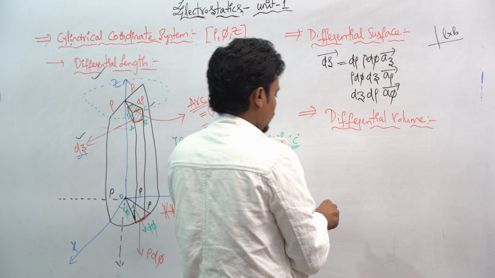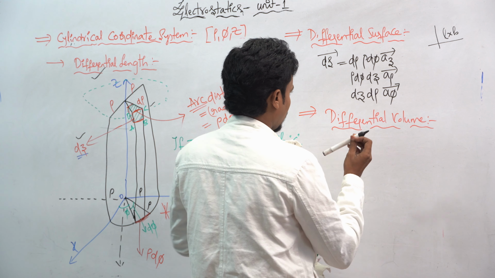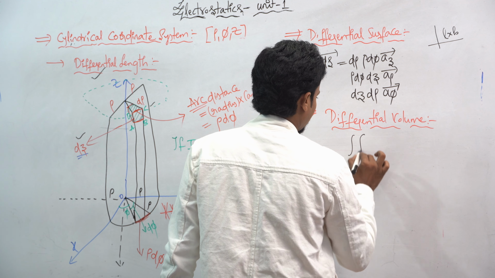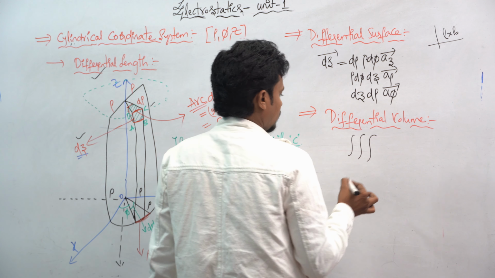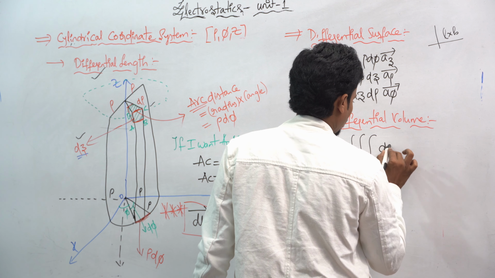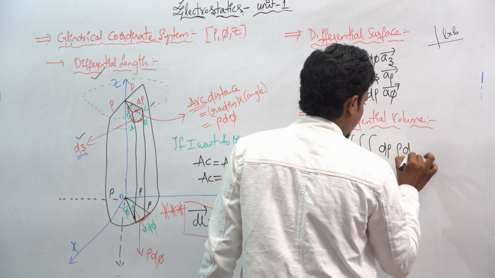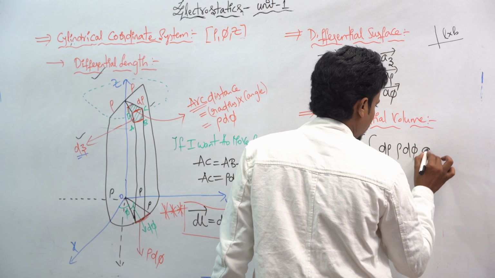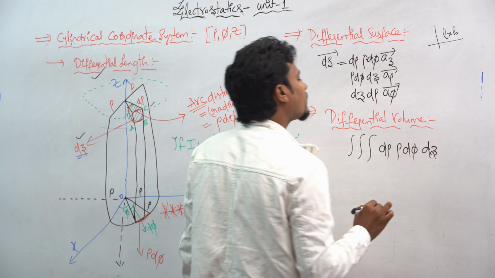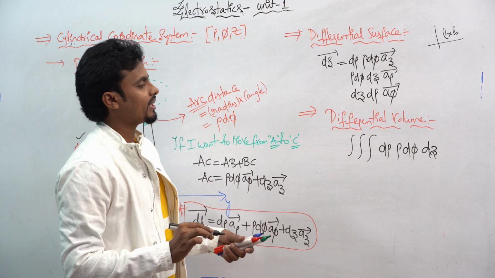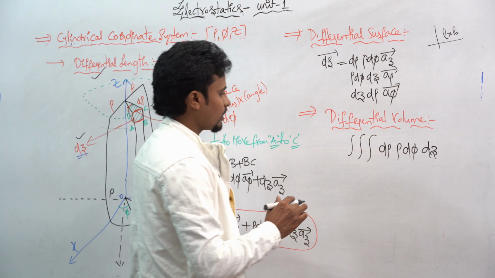Here this will become the triple integration of d rho d phi dz. What will be the lower and upper limits? You already know.